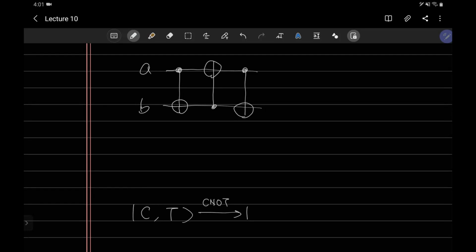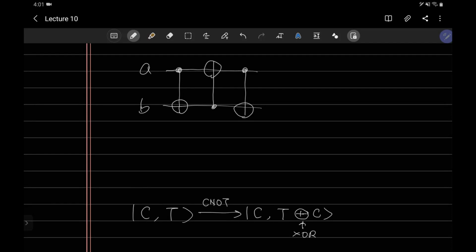then the value stored in the control qubit is not changed, but the information stored in the target qubit is replaced by this kind of value, and this means the XOR gate.